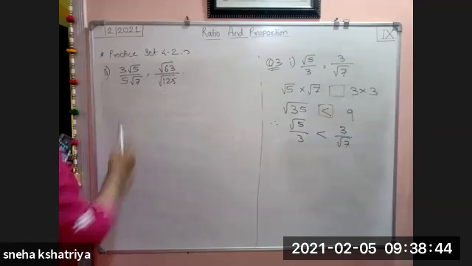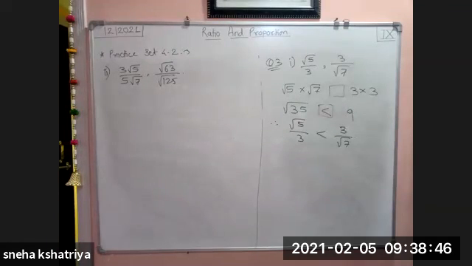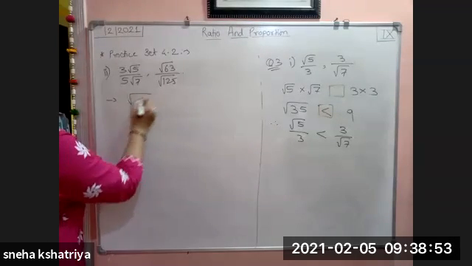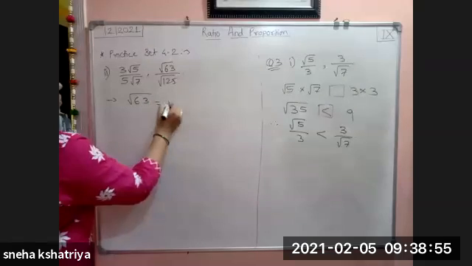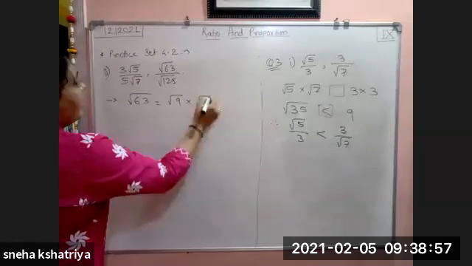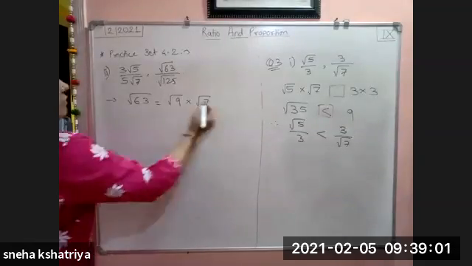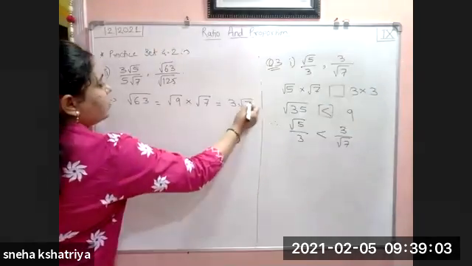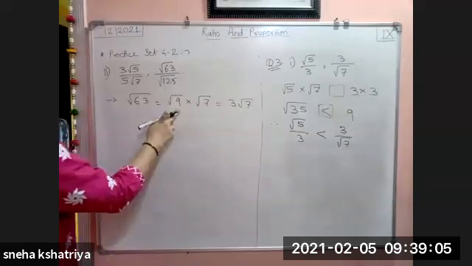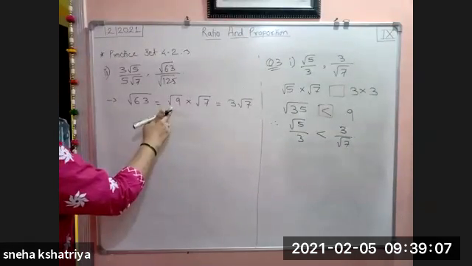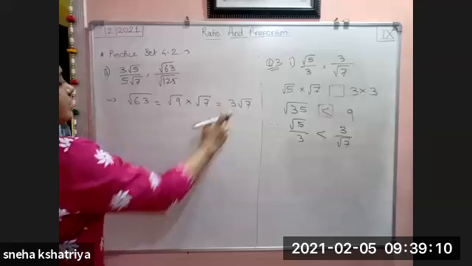For this, we can write 63 as 9 sevens are 63, so root 63 is equal to root 9 multiplied by root 7. Root 9 becomes 3 root 7, because 9 is a perfect square and it comes outside the root as 3.